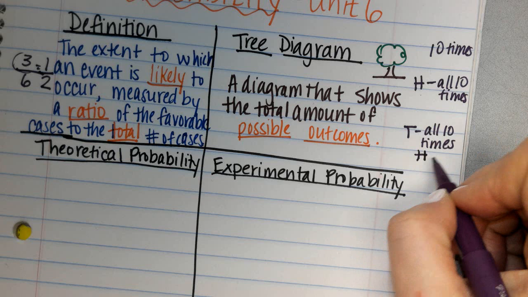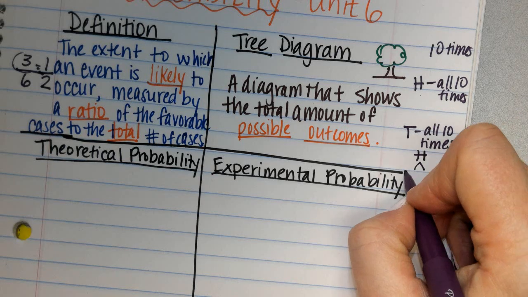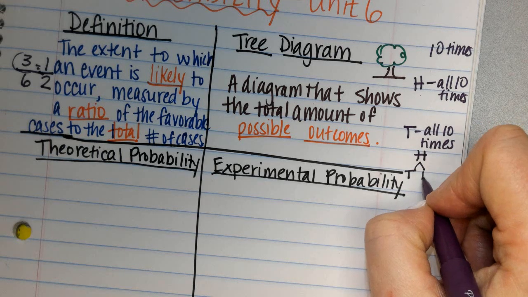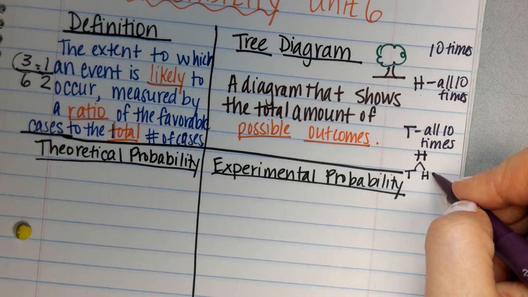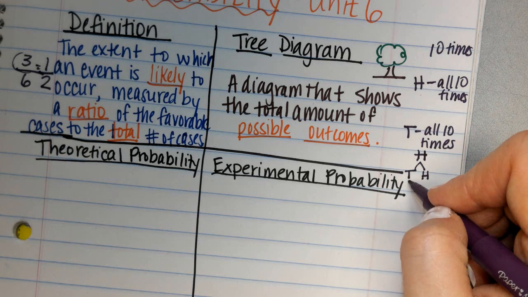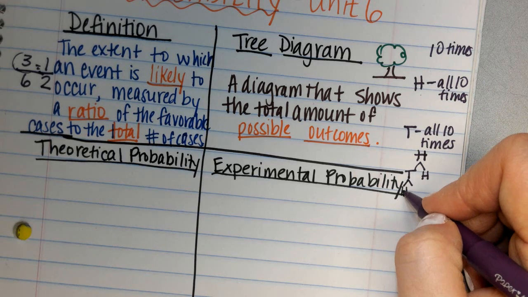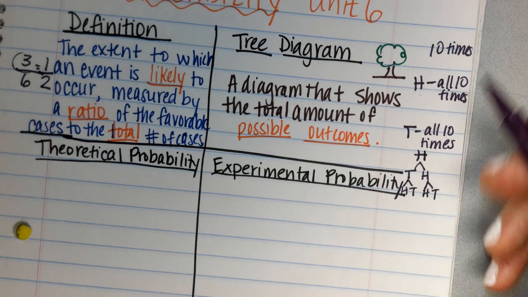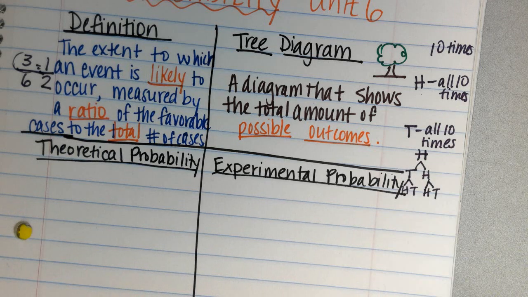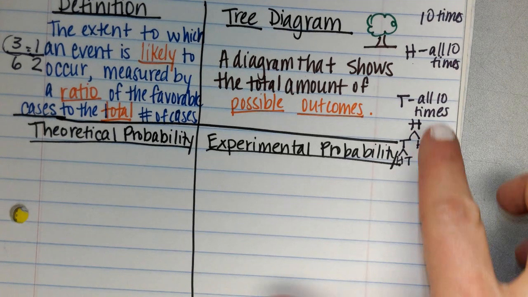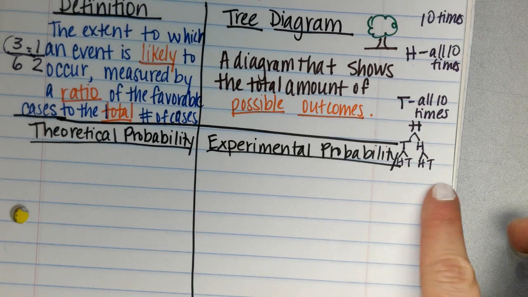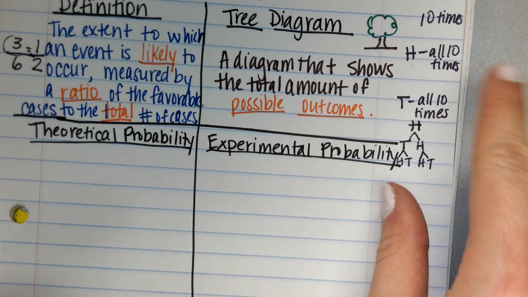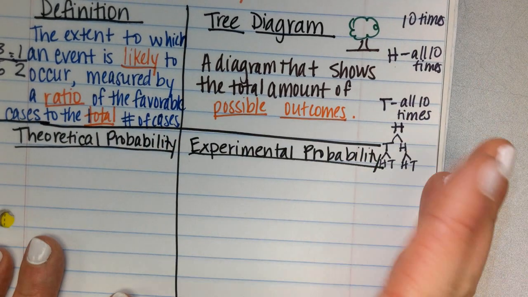You could do it vertically or horizontally. It could be heads, tails, heads, and then heads, or heads and tails. And then after that, it could be heads or tails. And then it could be heads or tails. And you just keep making the branches. That's why we call it a tree, because you go from one branch to another. This is a vertical tree diagram.